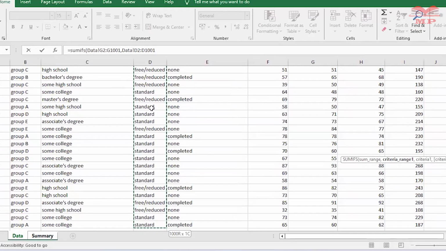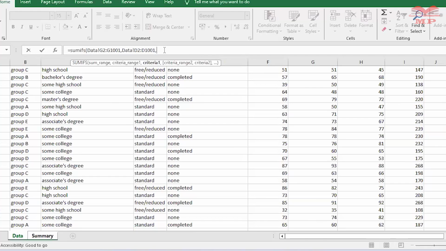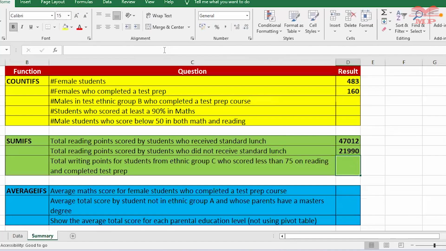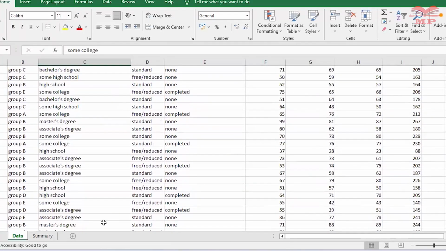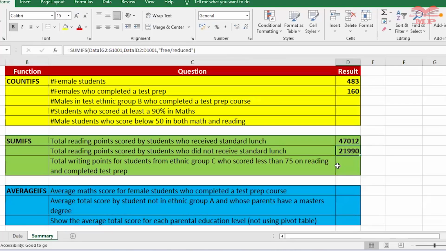There are only two options: free or reduced. So the criteria for this will be free/reduced, just the way it appears on the worksheet. I should get some number there. Although you realize you can also get this number by subtracting from the total number. When I look at the data there, those are the only two options. So those are the two for that.